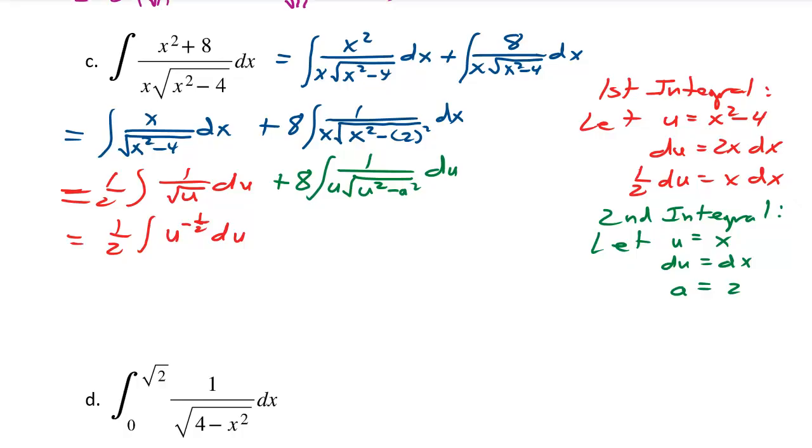Okay, and then plus 8 times the integral of 1 over u times root u squared minus a squared du. Okay, so the first one, that's going to be 1/2. Let's see, u to the 1/2 plus 1 is 1/2 over 1/2.